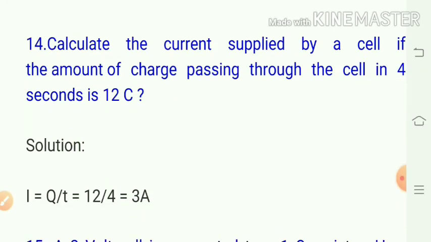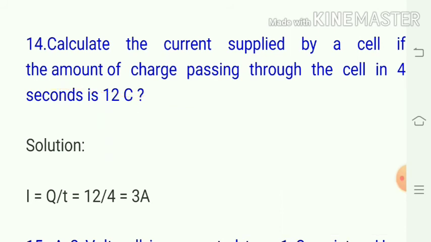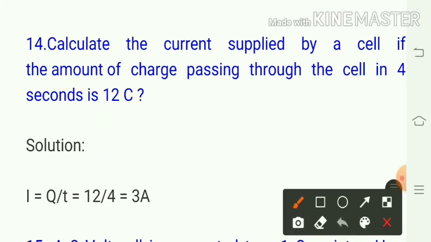Calculate the current supplied by a cell if the amount of charge passing through the cell in 4 seconds is 12 Coulomb. Here you can see that the given values are: the charge passing through the cell in 4 seconds is 12 Coulomb, which means the Q value is 12 Coulomb.